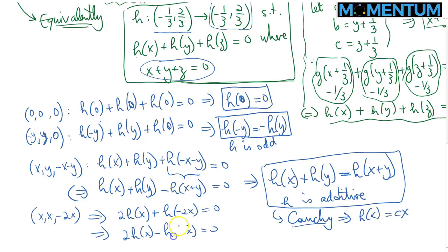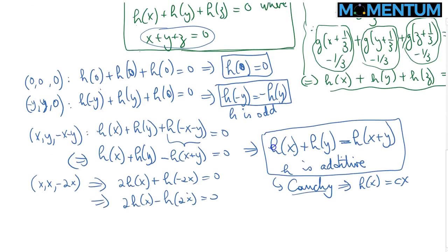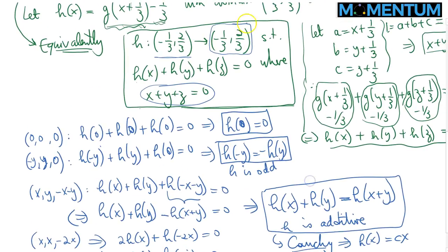That was silly. 2, yes. So further implying that h of 2x is equal to 2h of x. So it should be possible to expand the range of the function to accommodate the desired range that we have in mind.